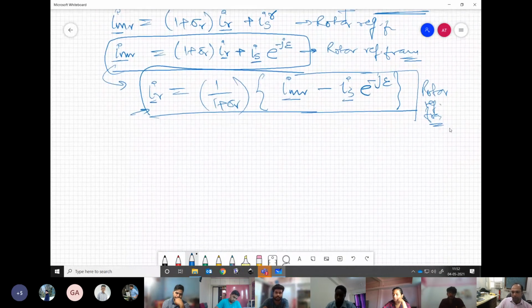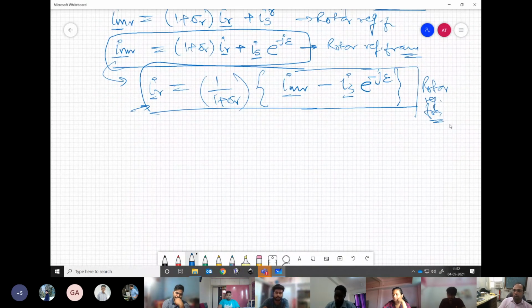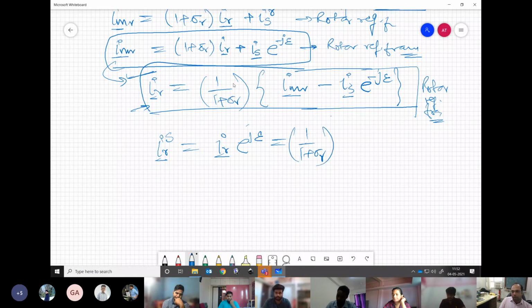Now, when we are replacing our rotor current in the rotor equation, we will have to use this equation. And when we have to replace our rotor current in the stator reference frame, which is nothing but this, you just rearrange e raised to power minus j epsilon, and this will become like this.